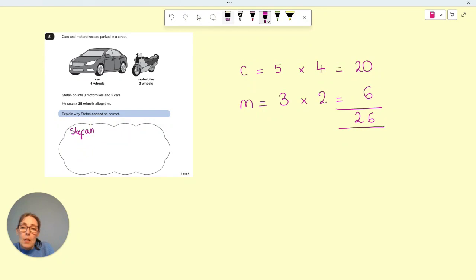Stefan can't be correct because there are 20 car wheels and 6 motorbike wheels.